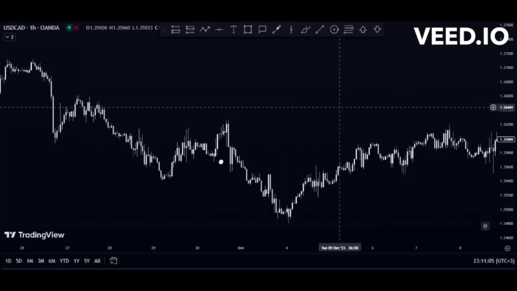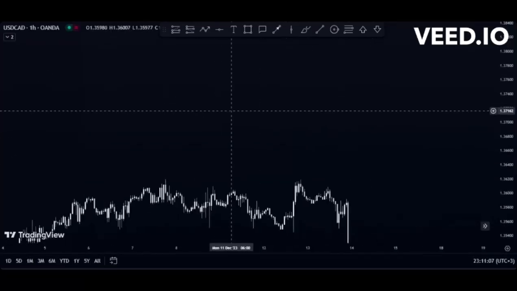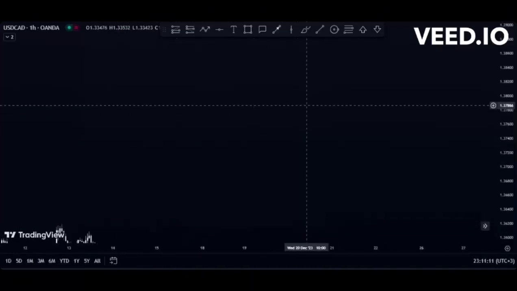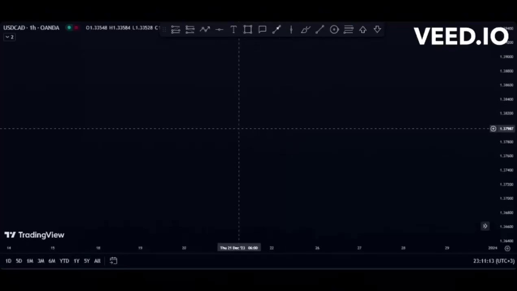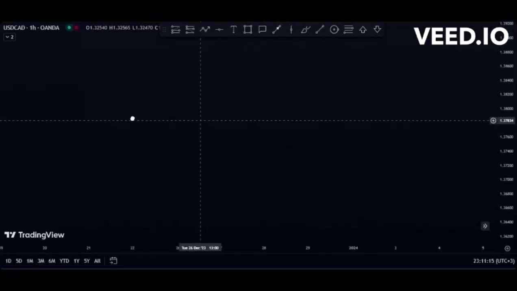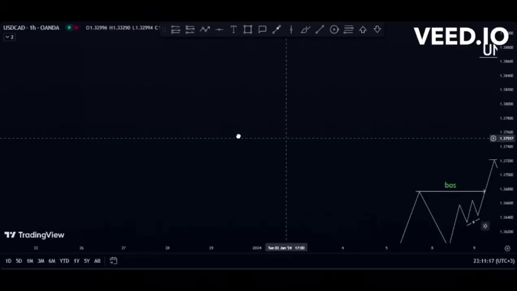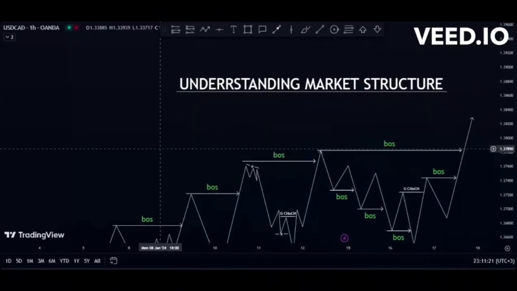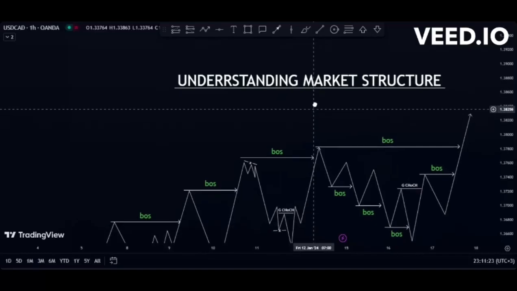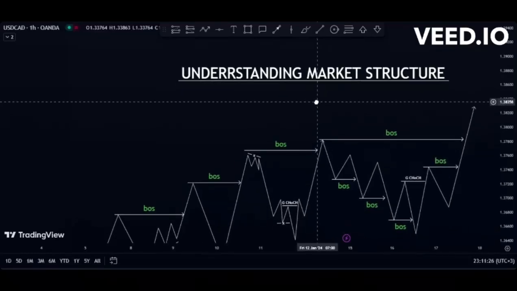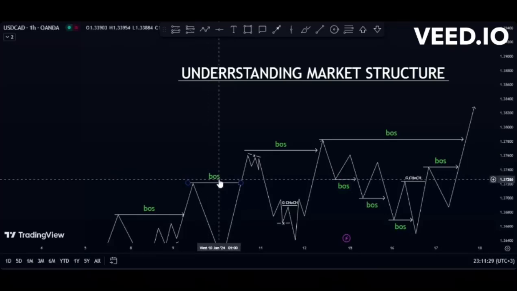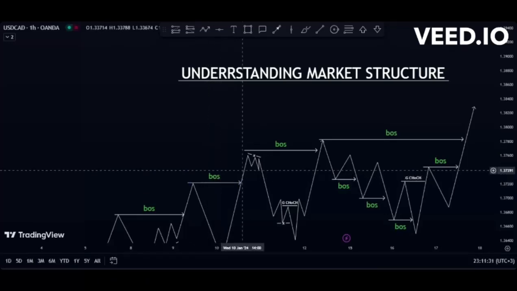Market structure is basically characterized by higher highs, higher lows, lower highs, lower lows, and not forgetting break of structure, which is most of the time abbreviated as BOS, break of market structure.